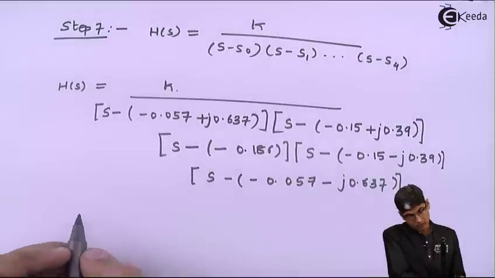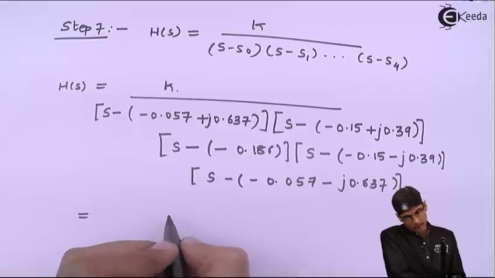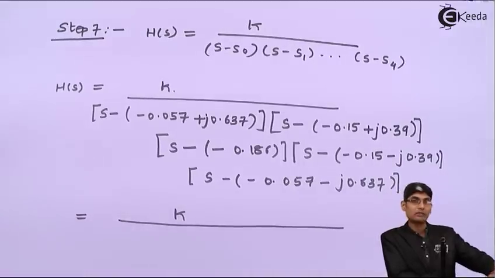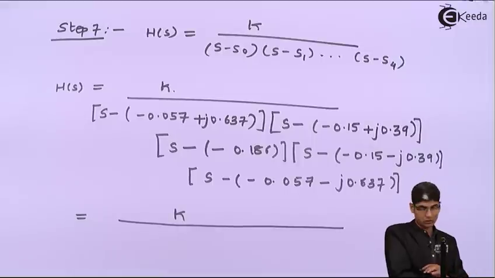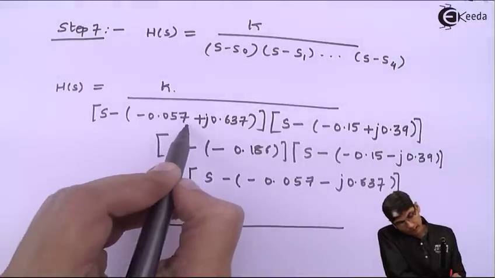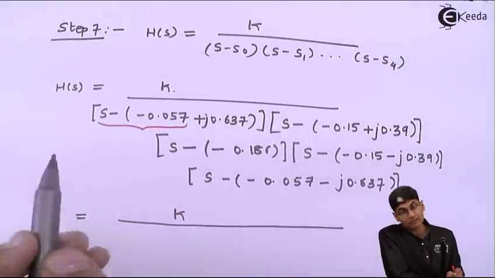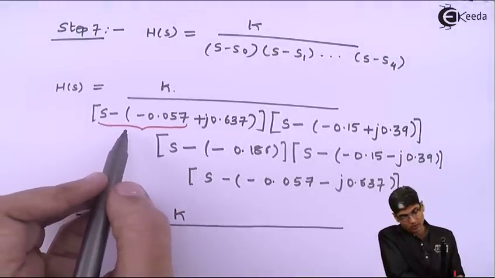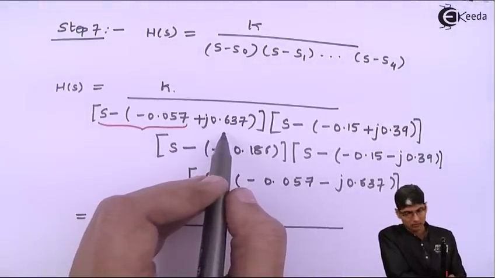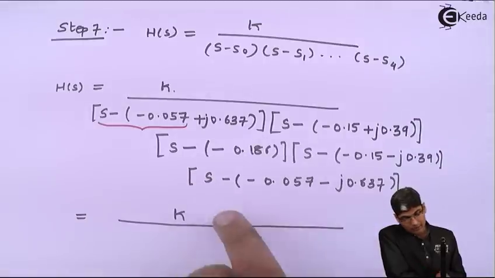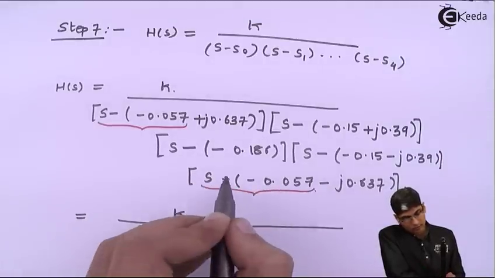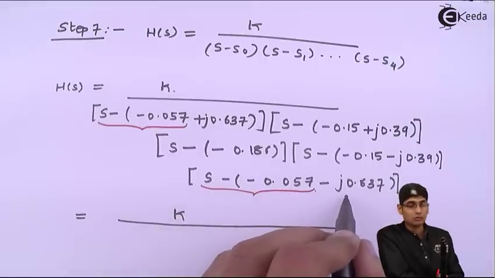Now let us go ahead and solve that. Combining will be done by skipping 2-3 steps. I'll combine this, that means I'm getting the negative sign inside. This becomes S plus 0.057 minus this term, and when I combine these two terms over here, this becomes plus, and here also it becomes plus.